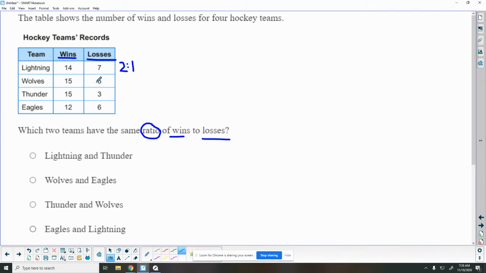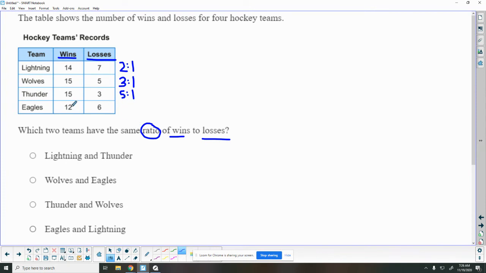So 15 and 5, 5 goes into those. 15 divided by 5 is 3. 5 divided by 5 is 1. So these are not equal. We've got 15 and 3. So 3 is their greatest common factor. 15 divided by 3 is 5. And 3 divided by 3 is 1. So none of these are equivalent so far.